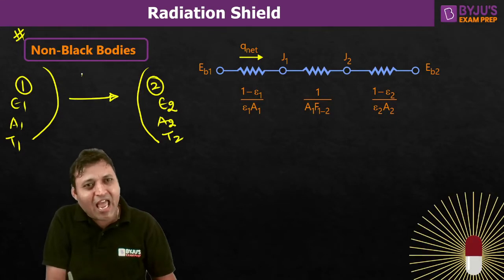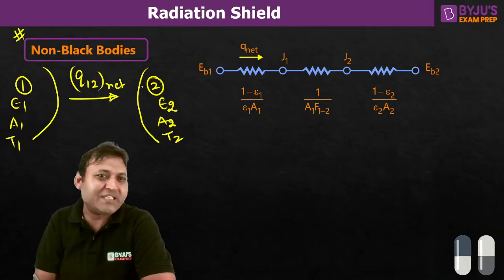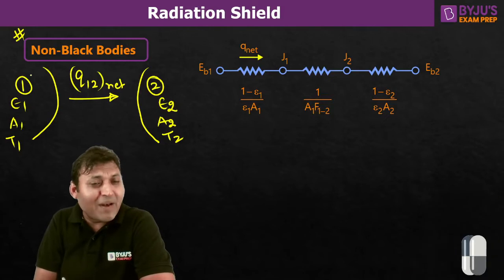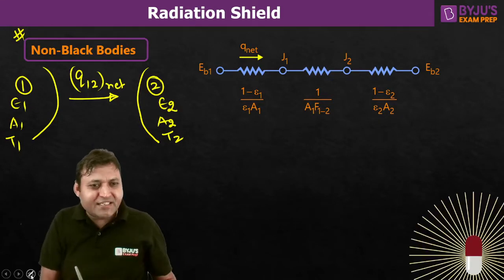Whenever they exchange heat with each other, we can analyze it by using the circuit diagram. Because of the non-black nature of body 1, a surface resistance comes into the picture, that is R1.